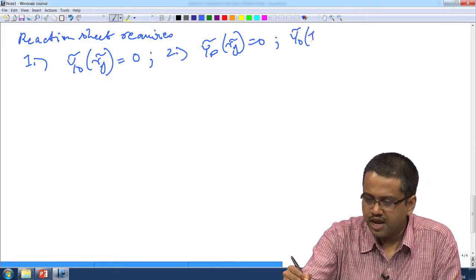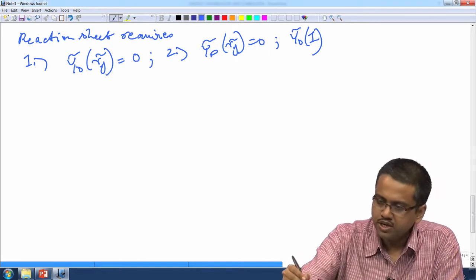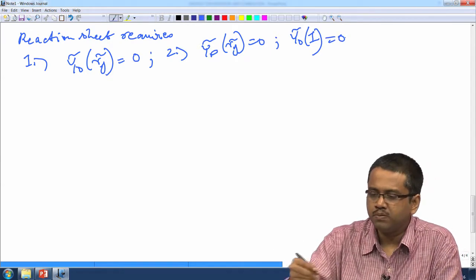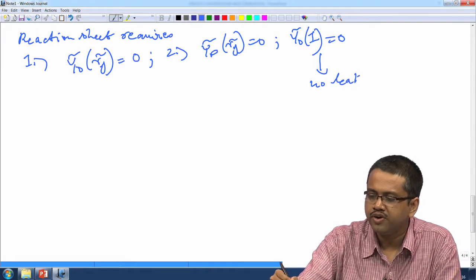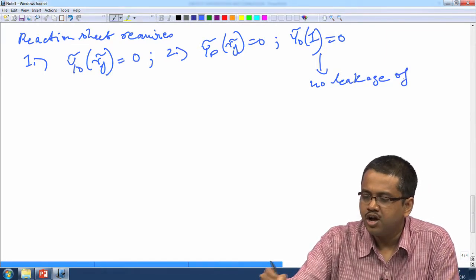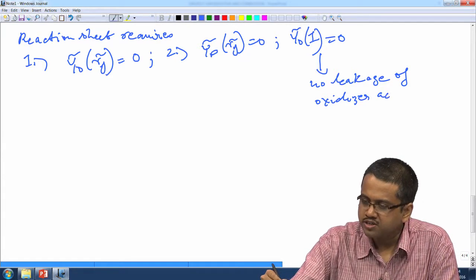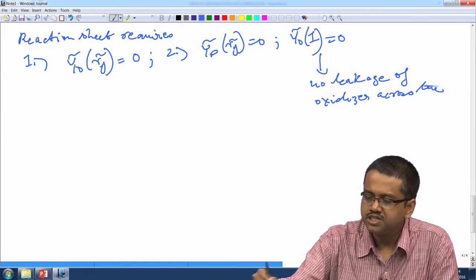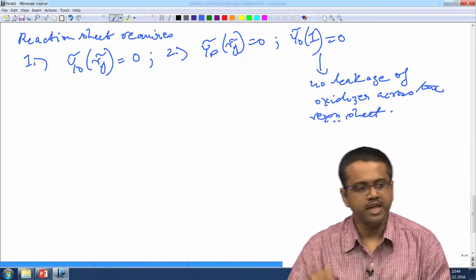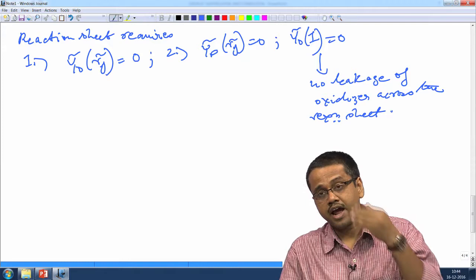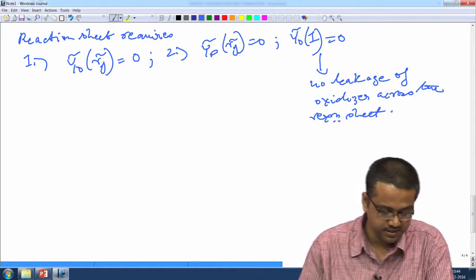Y naught at 1, okay, that is equal to 0, this is at the droplet surface. Why is this equal to 0? Because there is no leakage, we already said, right, no leakage of oxidizer across the reaction sheet. There is no leakage of any oxidizer across the reaction sheet, that is very, very important, right.